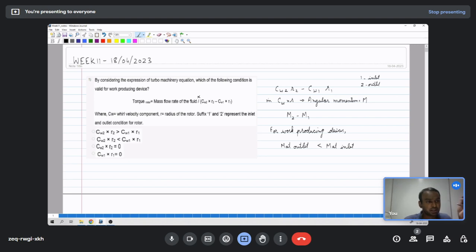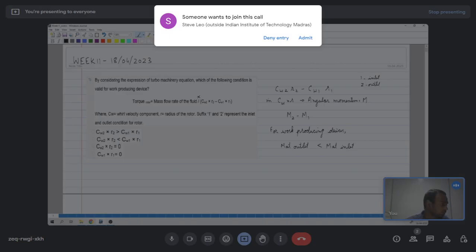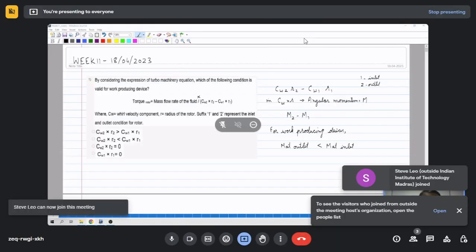So that means the angular momentum is transferred to some shaft, and that is converted as torque, and that is the work that is produced.